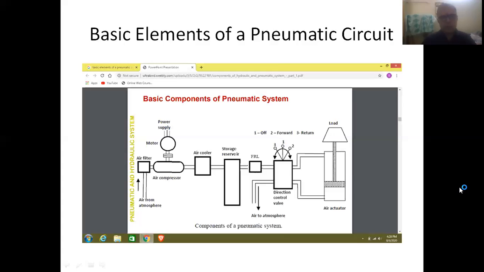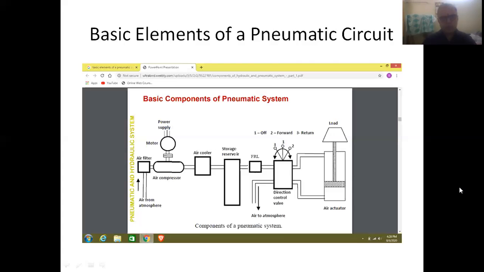If you switch on the electric motor, the shaft of the motor will begin to rotate in a given direction. Therefore the shaft of the compressor will also begin to rotate in the same direction, and finally the compressor will come into action.